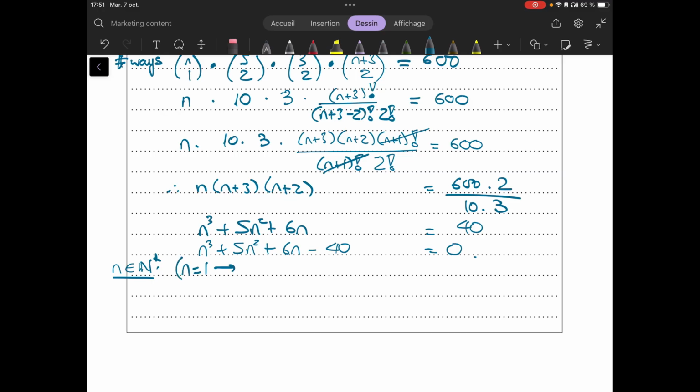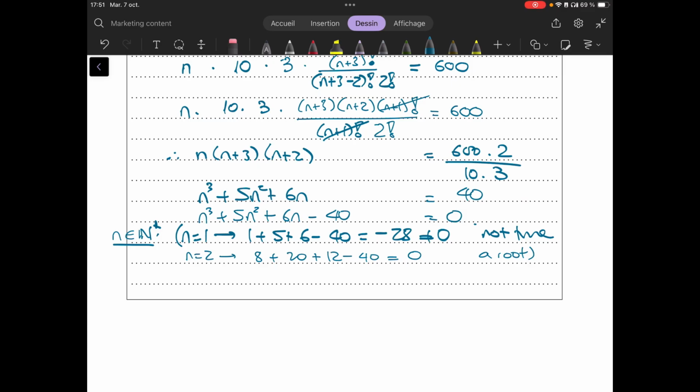If n is equal to 1, you would get 1 plus 5 plus 6 minus 40. This is negative 28, not equal to 0, therefore not true. If n is equal to 2, we would get 8 plus 20 plus 12 minus 40. This is indeed equal to 0, therefore it is a root.